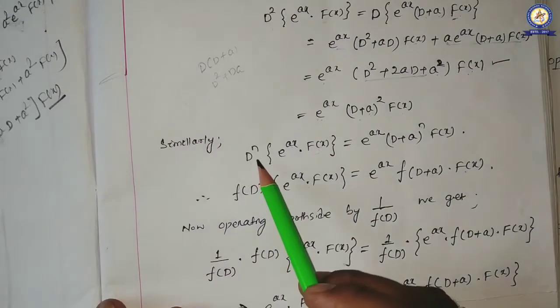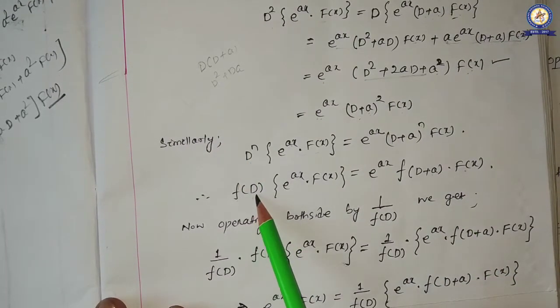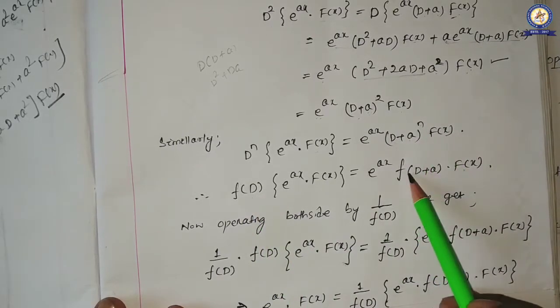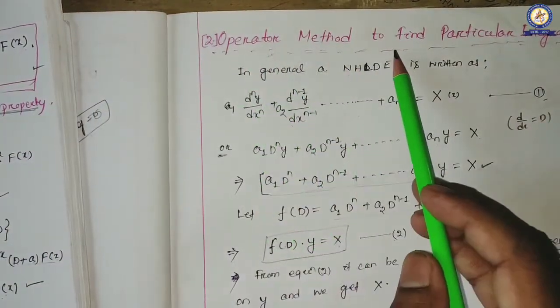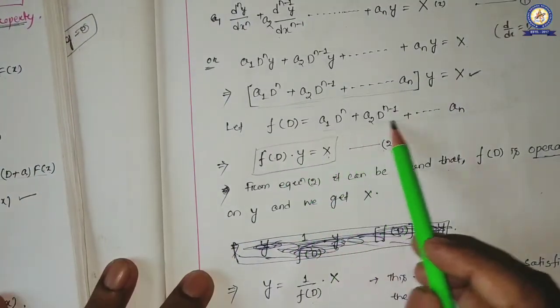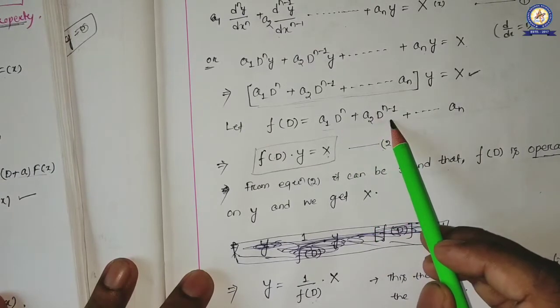Here D^n is considered as f(D), small f of D. (D plus a)^n is considered as f(D plus a). As you remember, whenever we start to discuss the operator method to find the particular integral, f(D) is considered as the nth derivative plus the (n minus 1)th derivative like this.